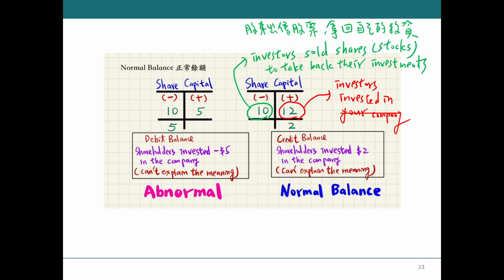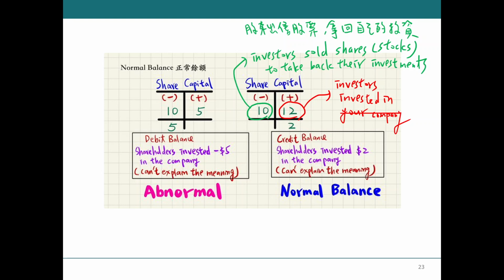What does it mean? You just invested $5. Could you take back $10? Impossible. You invested $5, so the total money you could take back is only $5. You can't take back $10, right?